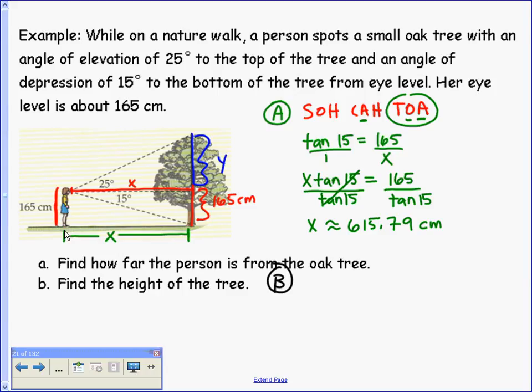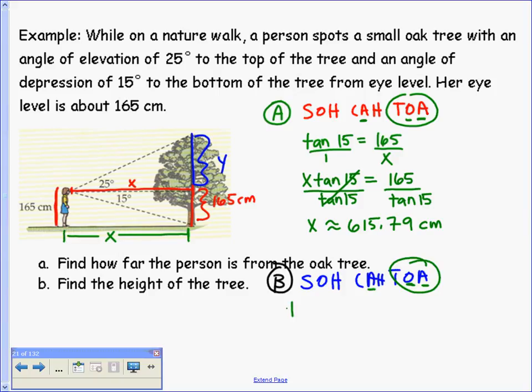So we're working from our 25-degree angle this time. From my 25-degree angle, I do have my x value, and so I'm going to use that x value. The x value is going to be my adjacent, and I'm looking for my y value, which is my opposite. So it looks like I'm going to be using tangent here again.